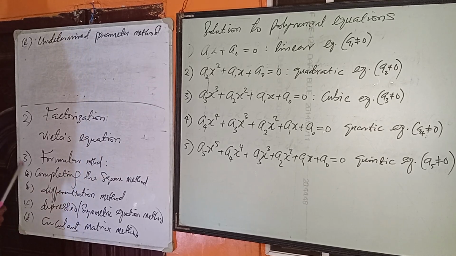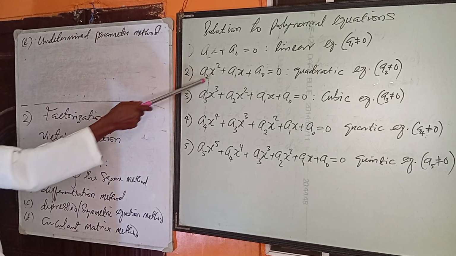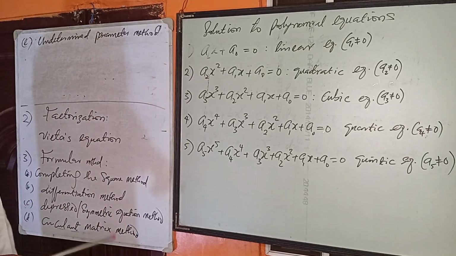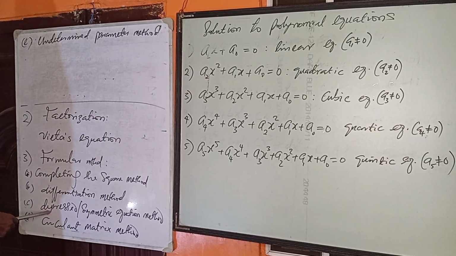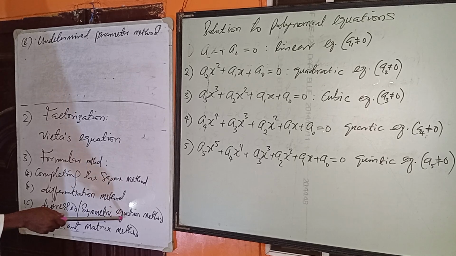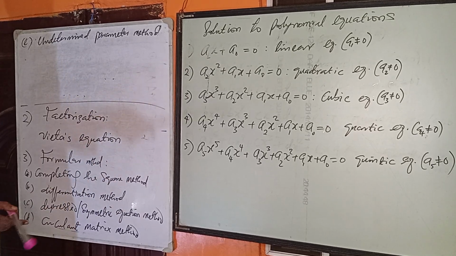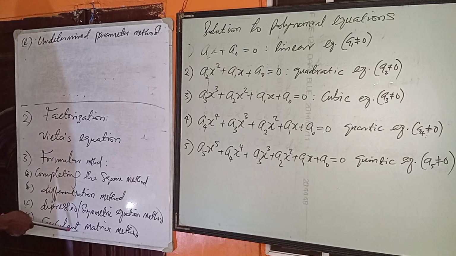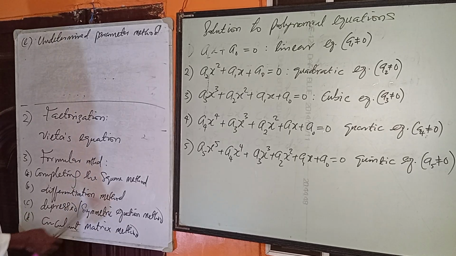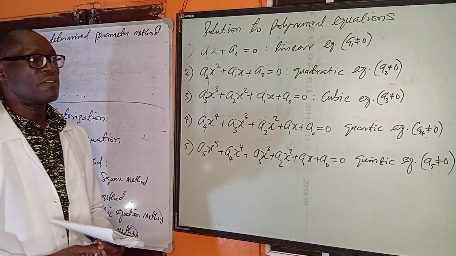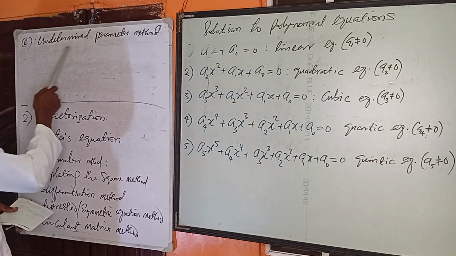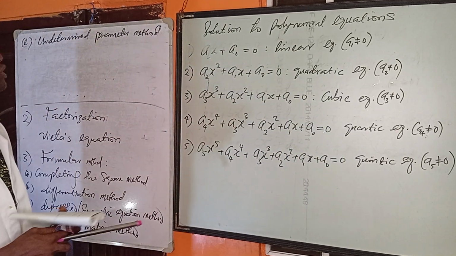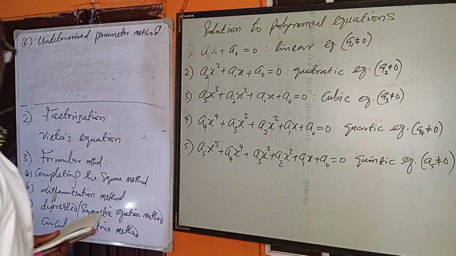But the differentiation method for solving quadratic equation, most of us are not familiar with it. The depressed or symmetric equation method, most of us are not familiar with it. The circulant matrix method, most of us are also not familiar with it. Then the undetermined parameter method, which most of us are also not familiar with.